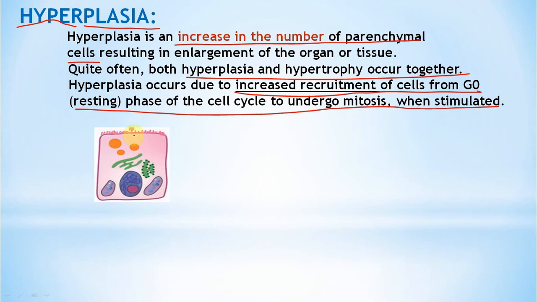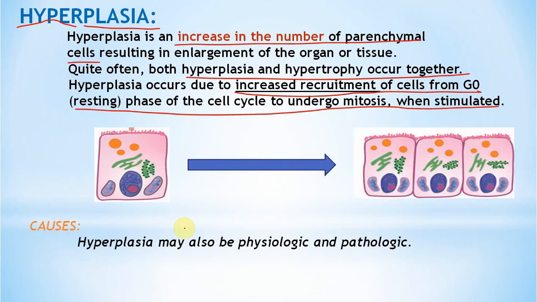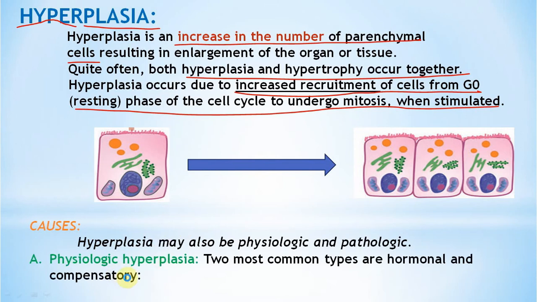Physiologic hyperplasia, two most common types are hormonal and compensatory.